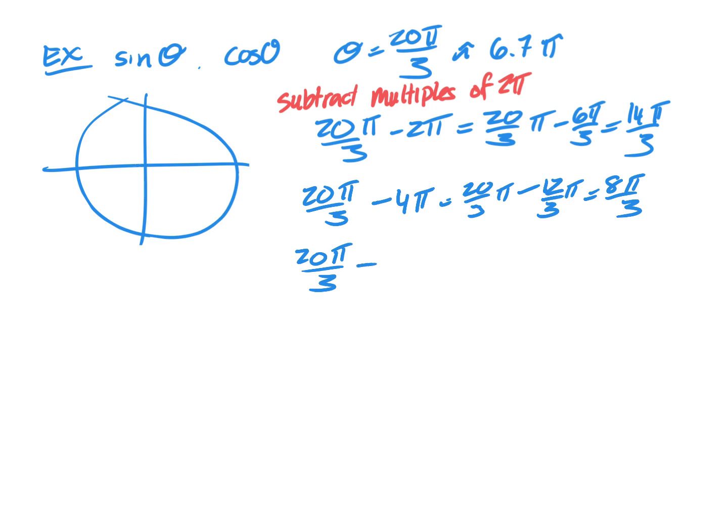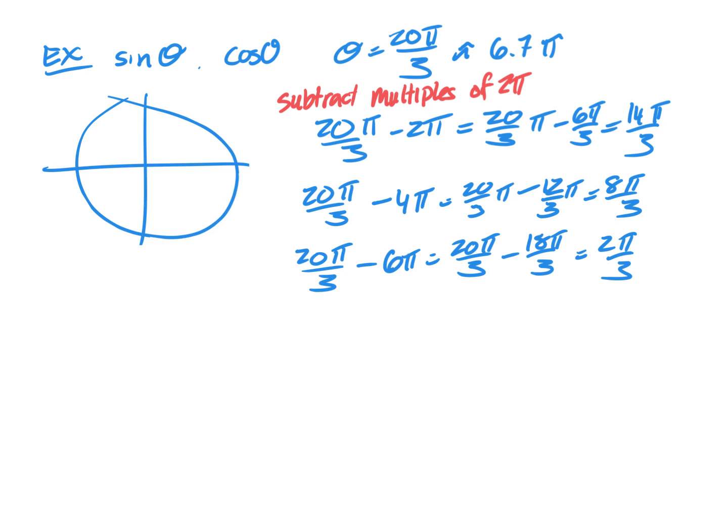Now we'll go around and subtract 6 pi. So that's going around the circle 3 times. 2 pi, 2 pi, and 2 pi. 20 pi over 3 minus 18 pi over 3 leaves us with 2 pi over 3. So we finally have this value of 2 pi over 3.